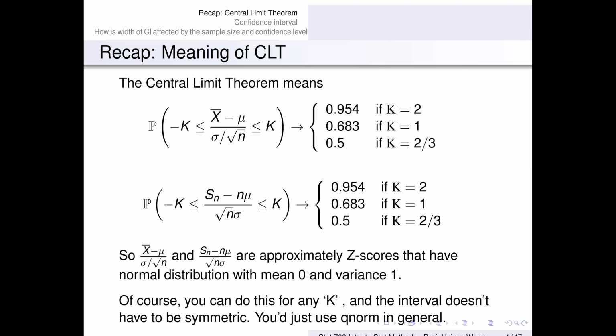Similarly, when we consider the total, if we use the total minus n times mu, divided by square root of n and sigma, this also states how many standard deviations the total is away from its mean. And this has the same probability. Both of the ratios are z-scores, stating how many standard deviations the quantity is away from its mean.